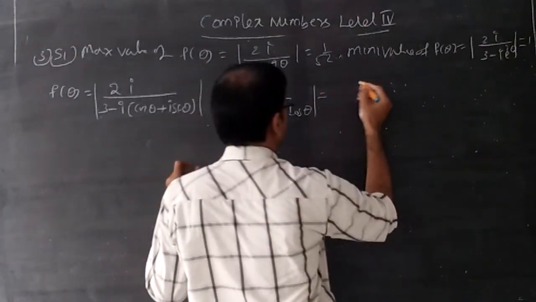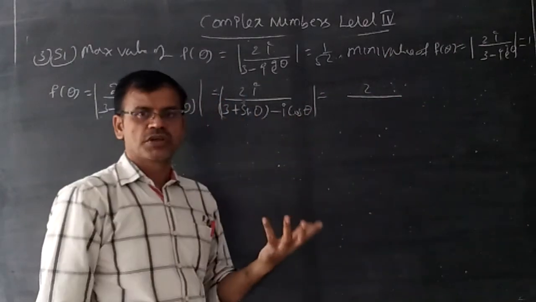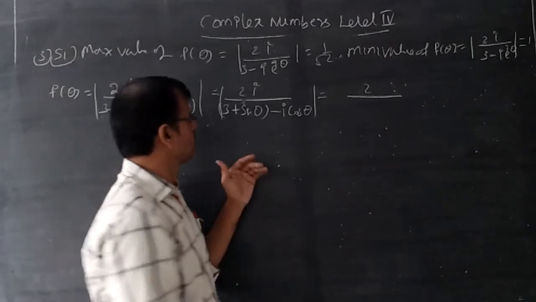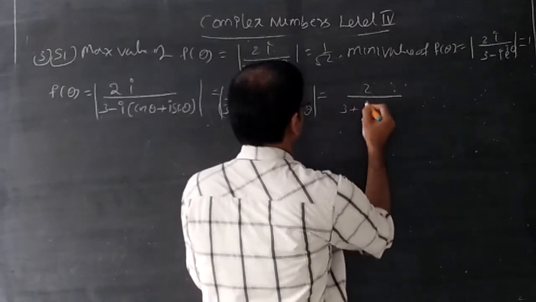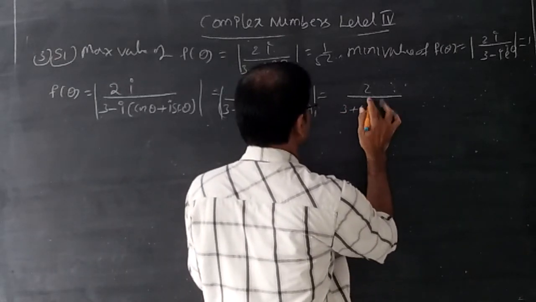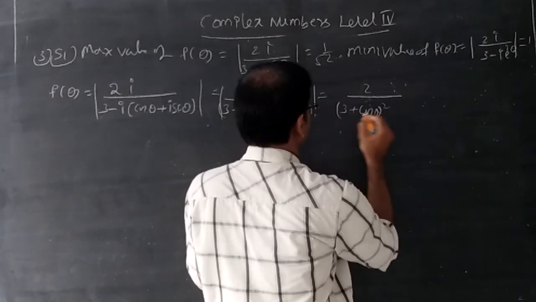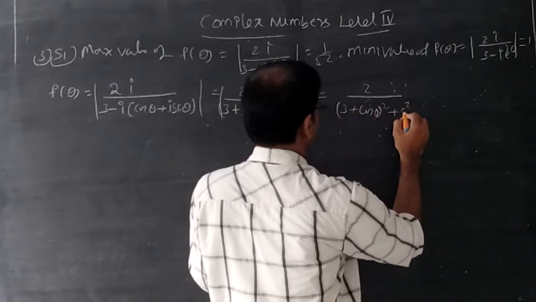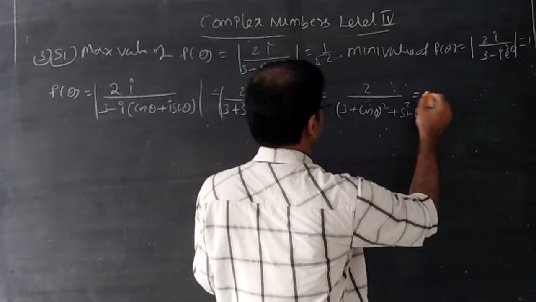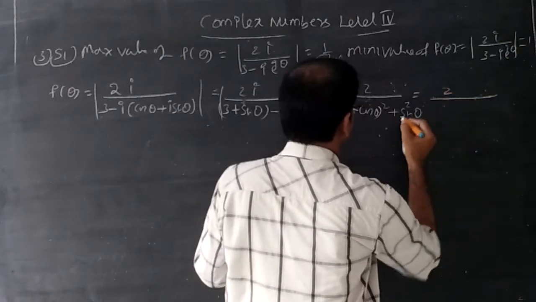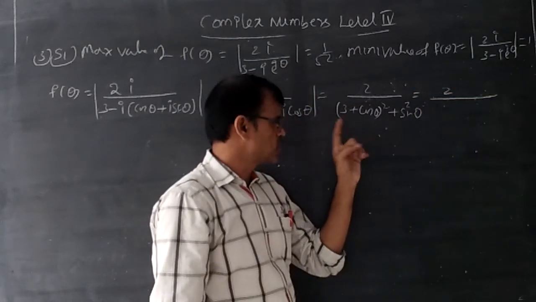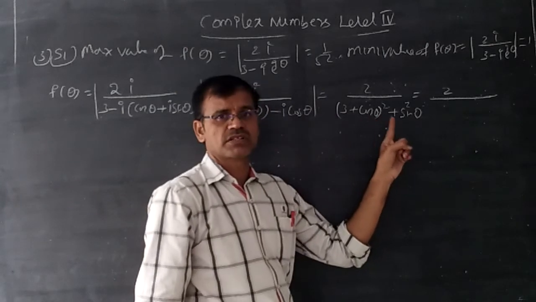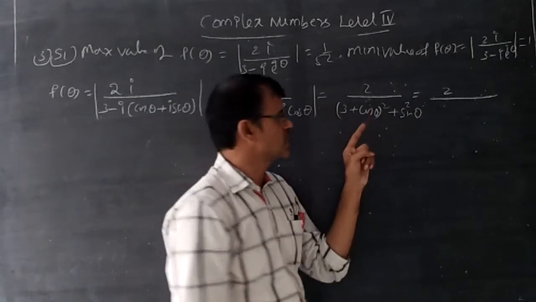The modulus of the numerator is 2, because it is the root of component square plus component square. By this, the denominator is root of (3 plus cos theta) whole square plus sin square theta. So 2 by this can be understood as 3 square is 9, plus cos square theta plus sin square theta is 1. 9 plus 1 becomes 10.